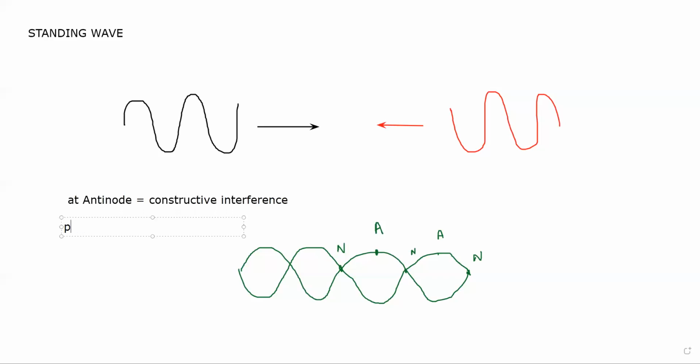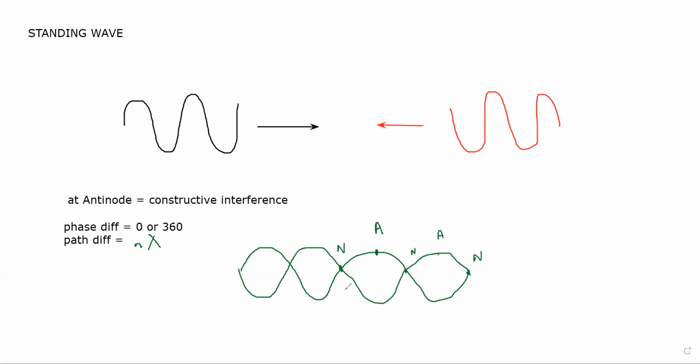The phase difference should be either 0 or 360 degrees, and the path difference should be lambda, 2 lambda, 3 lambda, and so on. So path difference is equal to n lambda when an antinode is formed.